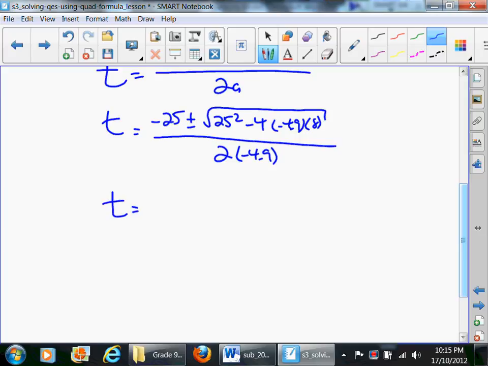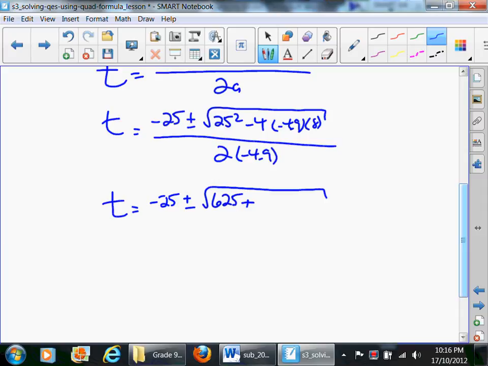So t equals negative 25 plus or minus root of 25 squared is 625. Minus minus makes a plus. Now what's this going to be? Well, it's going to be 4 times 4.9 times 8.